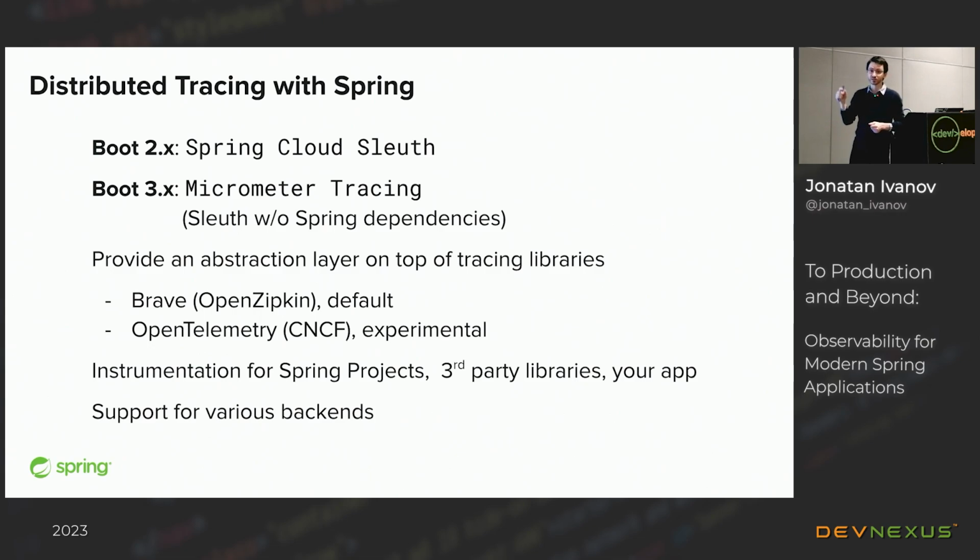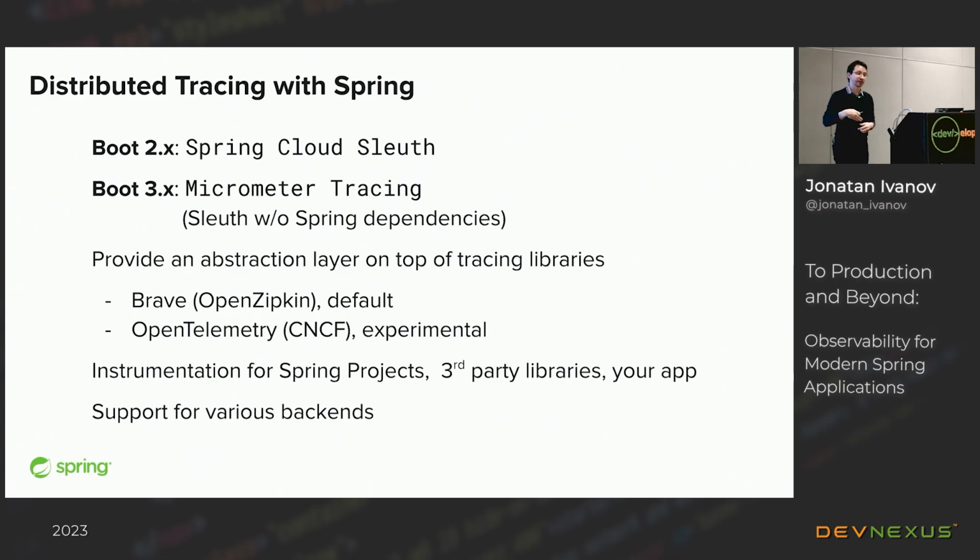There are still bits in OpenTelemetry that are not stable. If you look into your classpath, you should find jars with the version -alpha. That means it is not stable, so be very careful if you want to go to production with that. That's why it is experimental, and that's why Brave is right now the default. And we have instrumentation support for the Spring projects.